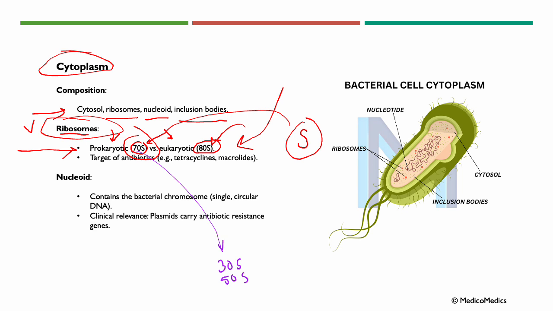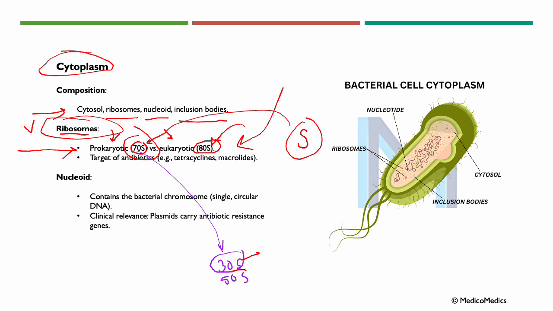And these are composed of different amounts of RNA and proteins, etc. We don't need to go into too much detail here, but essentially the 30S subunit of the prokaryote is what binds with the messenger RNA to read the genetic code, right?